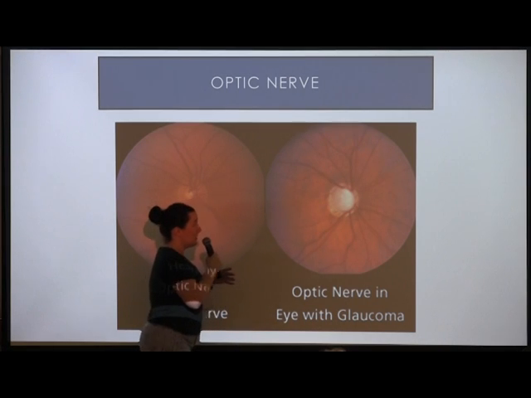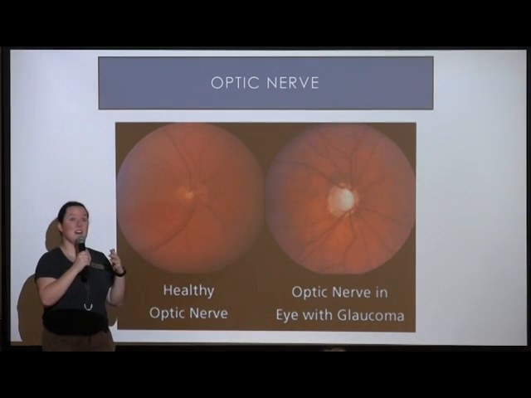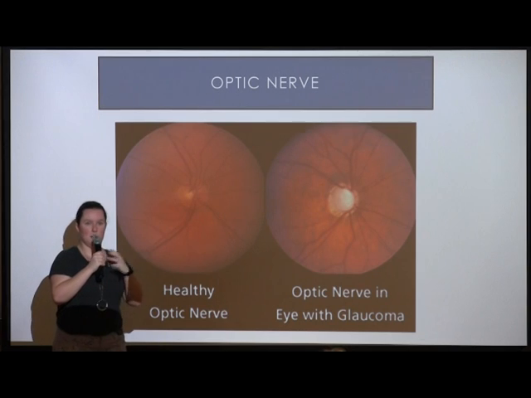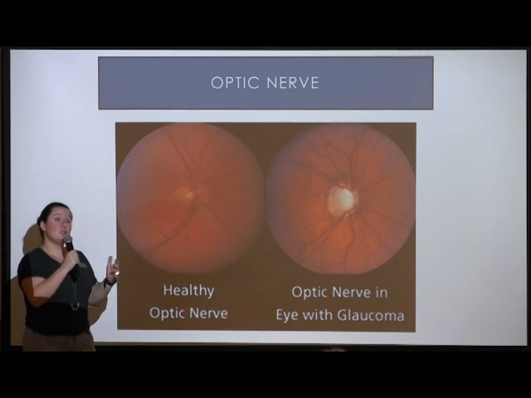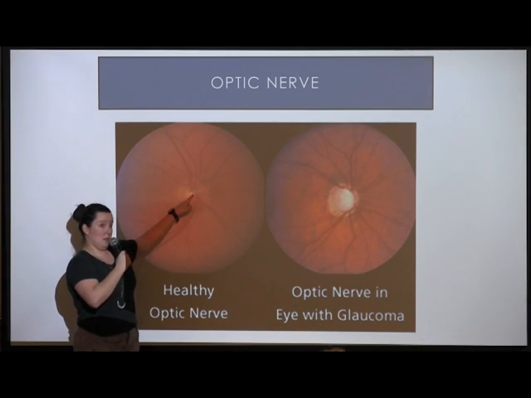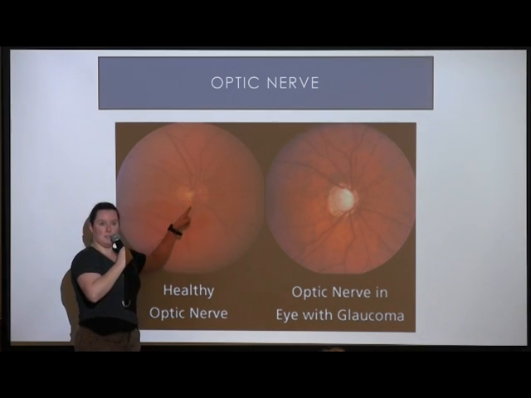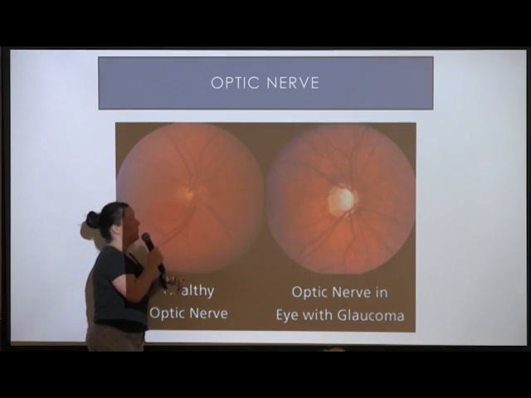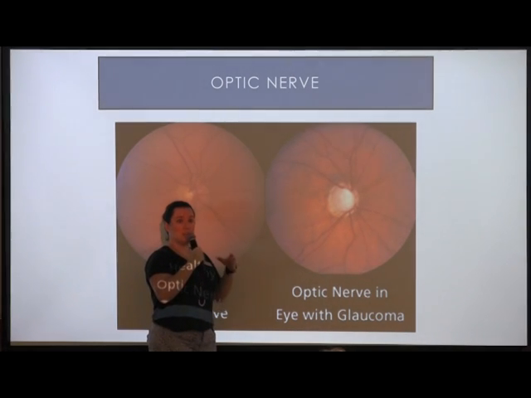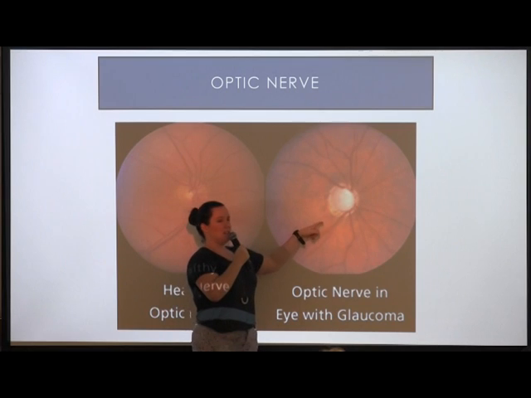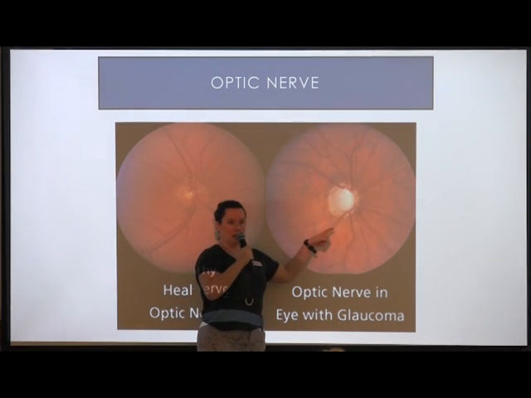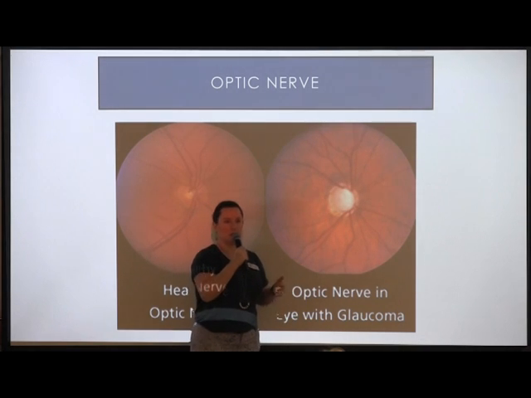How I describe it to people: functionally, the optic nerve is like a cable cord sending that electrical signal. But structurally, it's kind of like a donut, right? A donut has a hole in the middle, and then it has the part that you can eat, that's the good stuff. But with glaucoma, that hole in the middle is getting bigger and bigger, and there's less of that donut or that tissue remaining. When that tissue decreases, that means there's less signal going to the brain, and that's when we can see changes to the visual field in your functional vision.